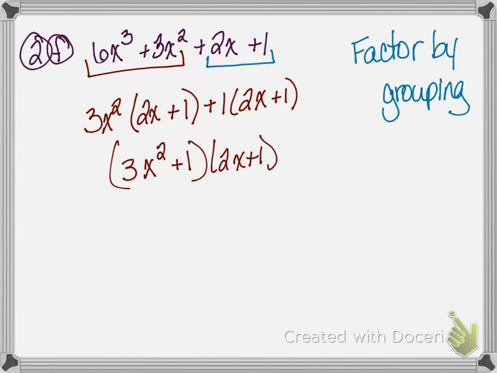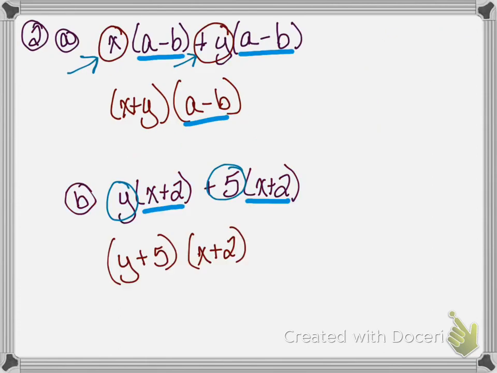Now I just want to mention, look right here. Do you see how those are exactly the same? And then I have 3x squared plus 1. So what you're doing when we go back to problem 2a and b, the first step's just already done. Okay, so don't let these types of problems confuse you. That a minus b, it's already been factored out.